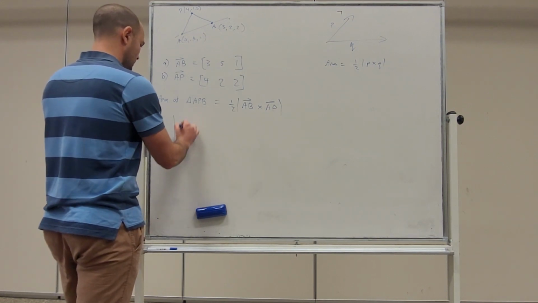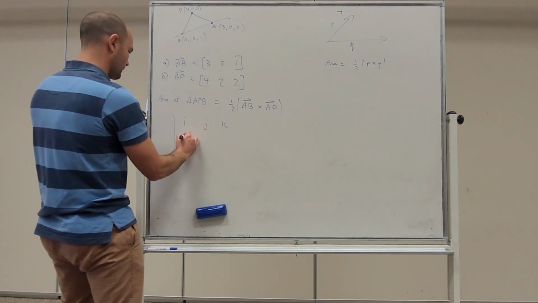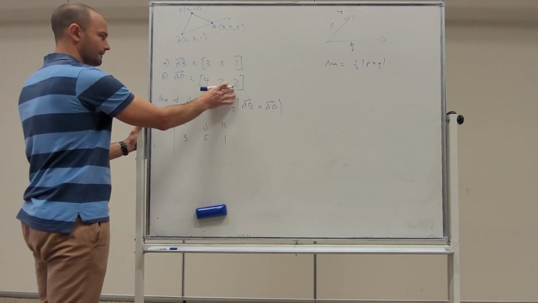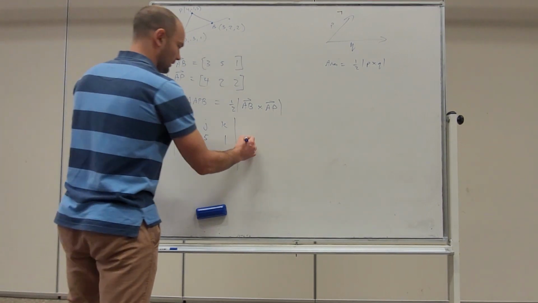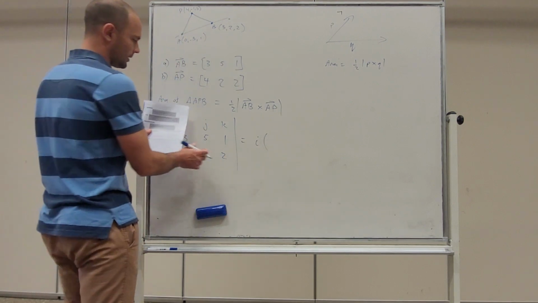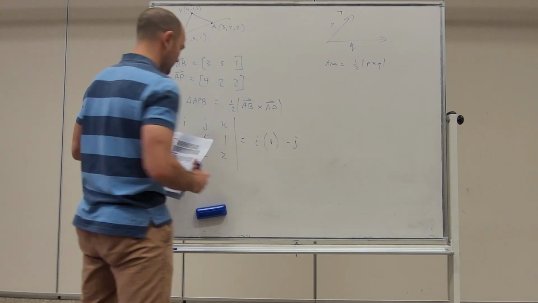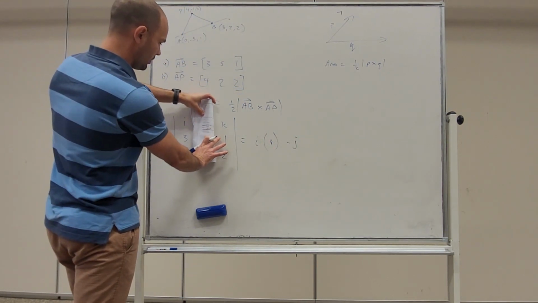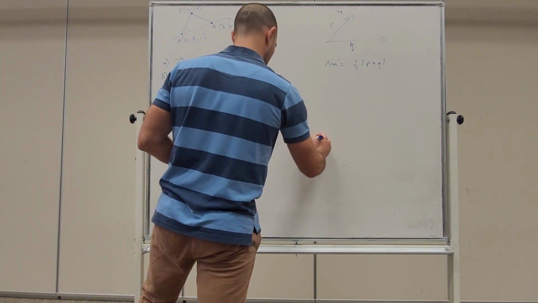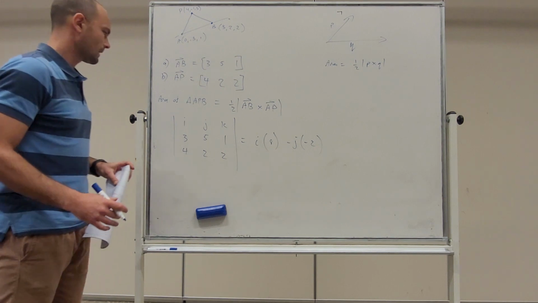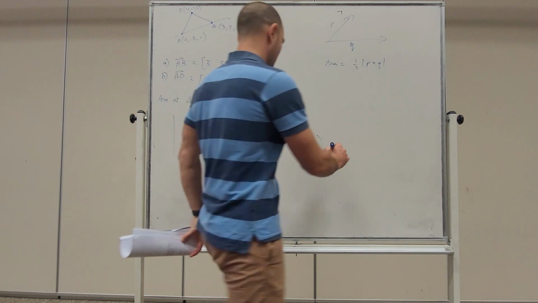So we've got I, J, and K. We have vector AB, so 3, 5, 1, and vector AP, 4, 2, 2. Cover up I, we've got 10 take away 2, we'll have 8. Take away J, cover up J, 4 take away 6. All right, 4 take away 6 will be -2. And then cover up K, we'll have 6 take away 20, we'll have -14.